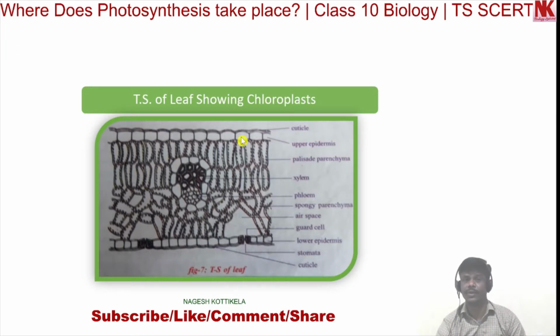These parenchyma cells and stomatal guard cells are rich in chloroplasts. Each cell contains around 4200 chloroplasts. That shows that they participate actively in the photosynthesis process. Okay, now moving to the next.